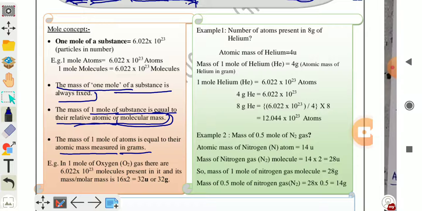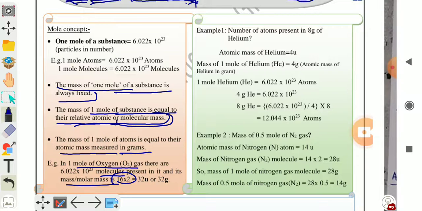In 1 mole of oxygen, meaning oxygen gas, it contains 2 atoms of oxygen. It means the number of molecules in oxygen gas will be 6.022 into 10 raised to the power 23 molecules, and gram molecular mass or molar mass will be equal to 16 into 2 because there are 2 atoms.